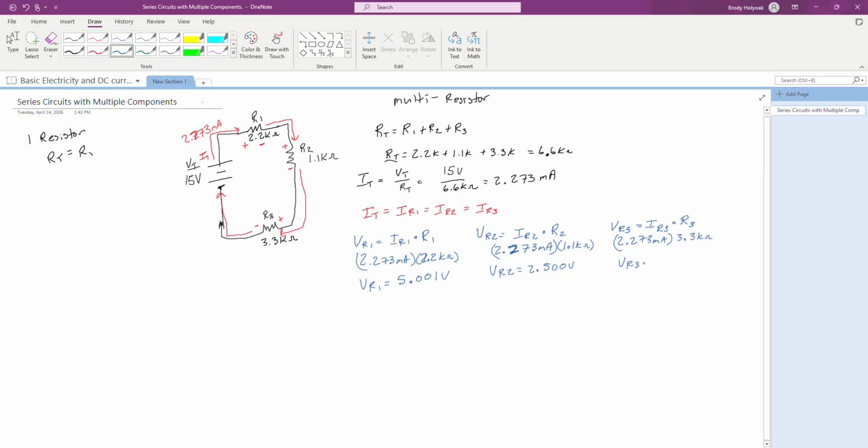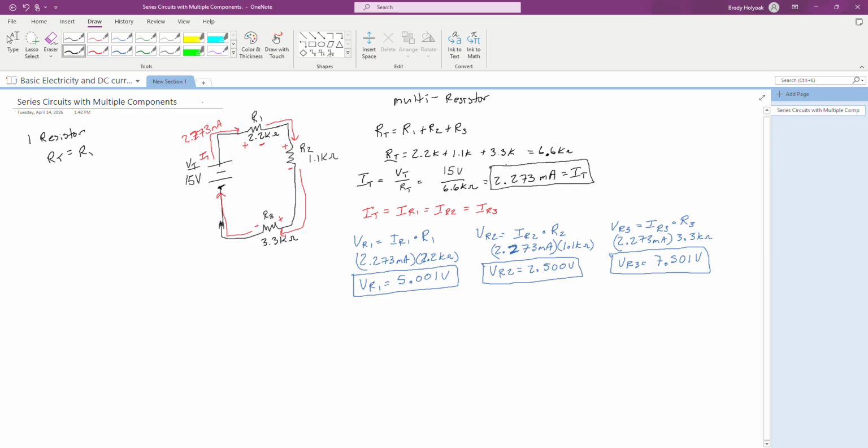And my VR3 value, 0.002273 times 3300, is 7.501 volts. So we'll box those in just to show we got our final answers. I would also put a box over here for my I total, that way I could find it easier if I'm filling out a table or a chart or anything like that.